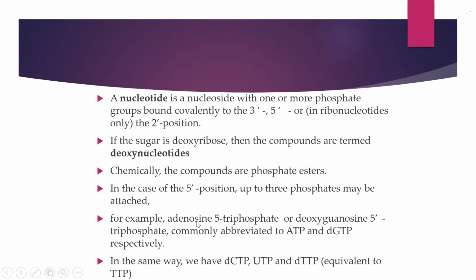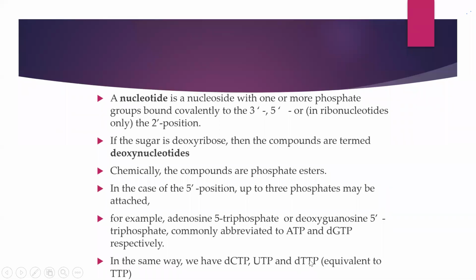So they could be abbreviated as ATP or dGTP. So ATP would be the precursor for the synthesis of RNA, whereas dGTP is the precursor for the synthesis of DNA. In the same way, we can also have the nucleotides like dCTP, UTP, dTTP.